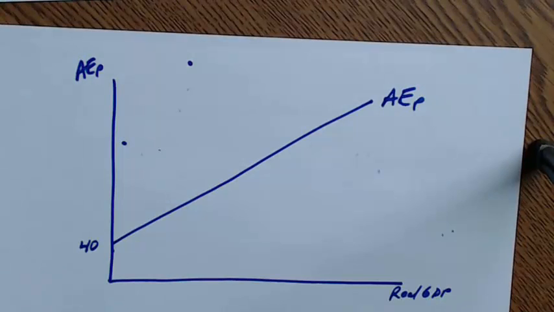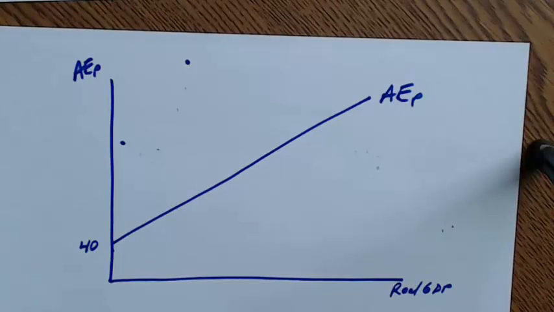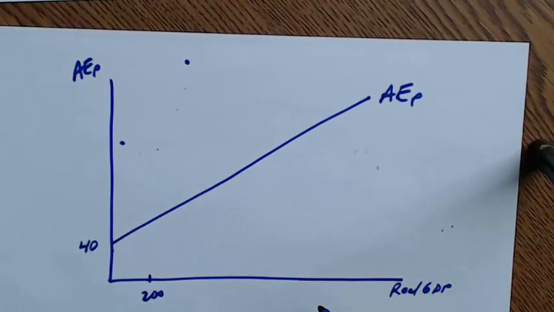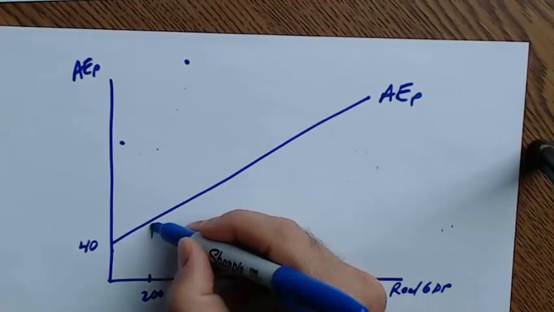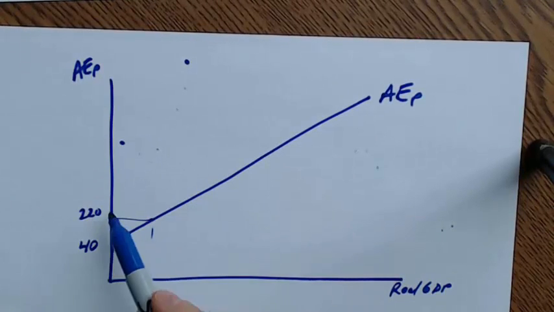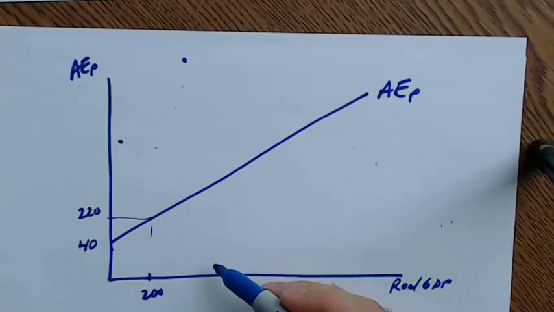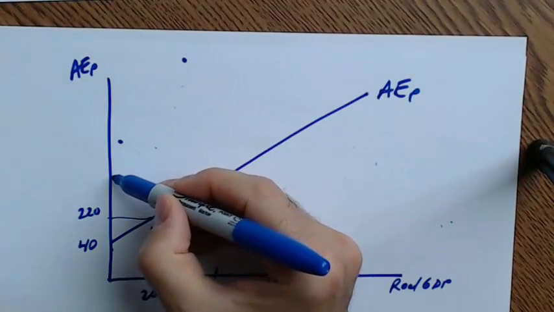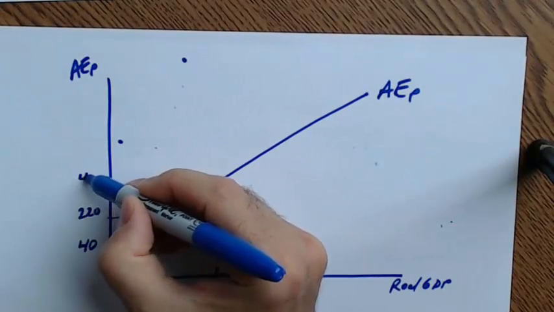So let me drop some of the numbers into this graph carefully here. At a GDP of 200, we come over, and this is 220 in aggregate expenditures that are planned. Come out to the 400 mark, and we come over, and this is at the 400 mark also.